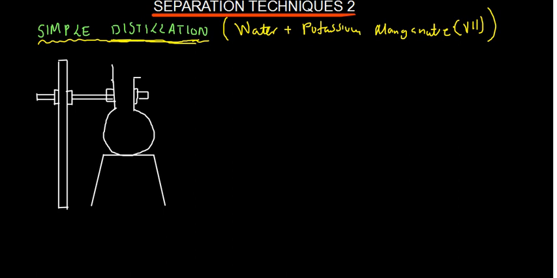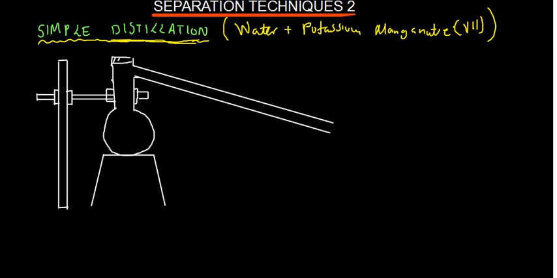Again, at the opening, I'm going to connect a pipe, which is going to go like that. And then here we are going to put a stopper so that there will be no evaporation of anything; the liquid does not evaporate and go out there. That's why we put that stopper.